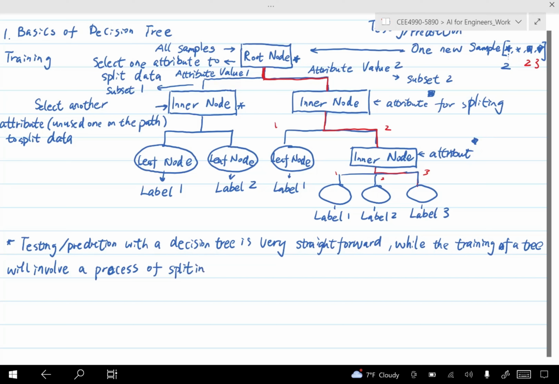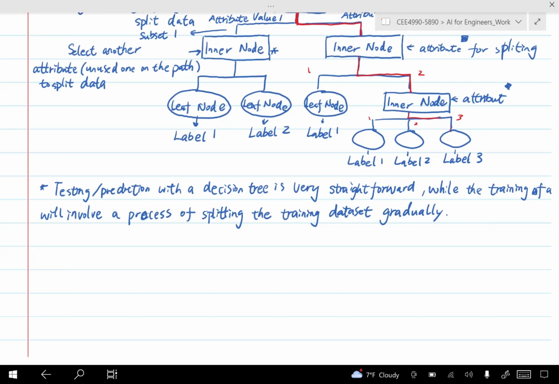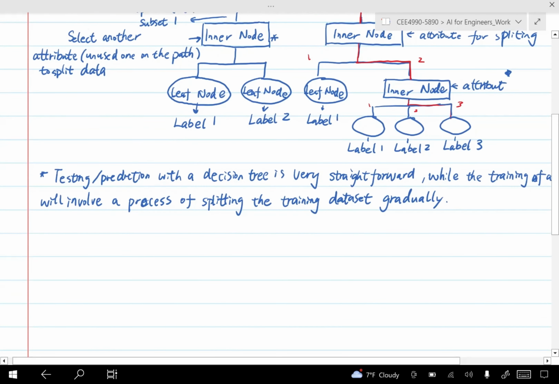And if you observe this process again and think about it, you will find that actually we have some key questions in this process that will determine how we're gonna do the training.